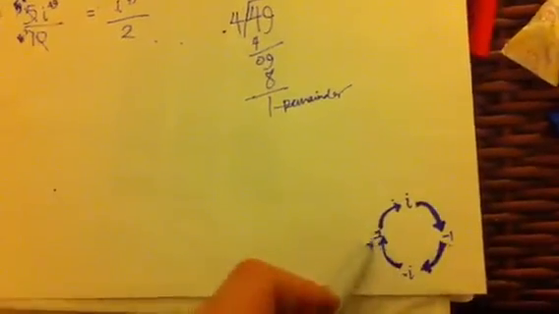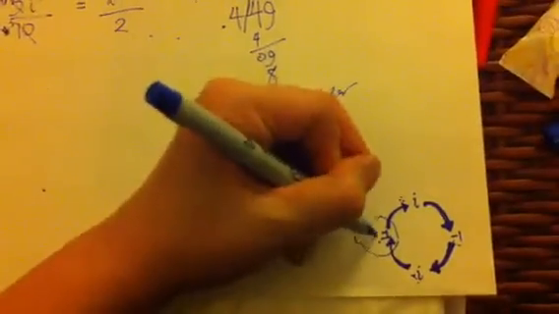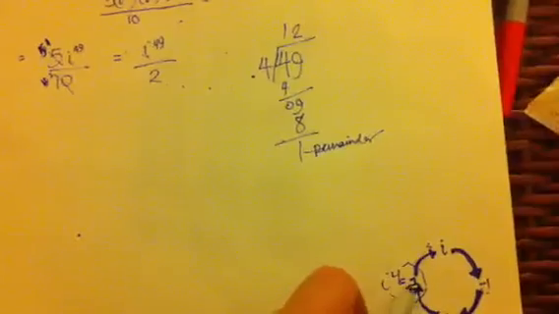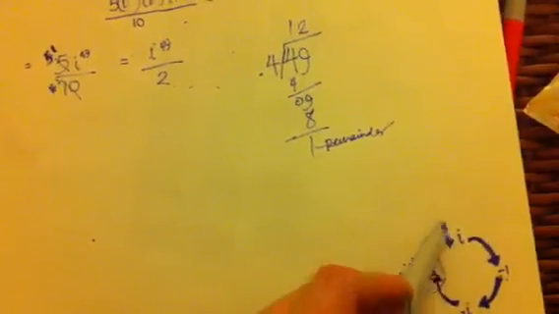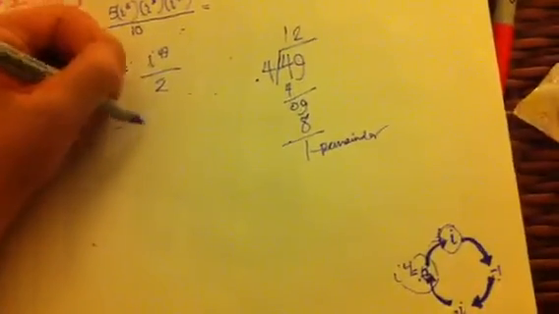Now here's the thing. 1, 2, 3, 4. 1, 2, 3, 4. Every time it divides by 4, it lands on the 1, because i to the 4th is 1. So if we have 1 remainder afterwards, then we know it's going to be the next one after 4. There's 1 remainder, so it's going to be here. So it's going to be i over 2.